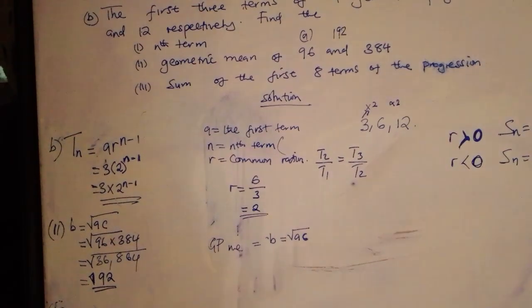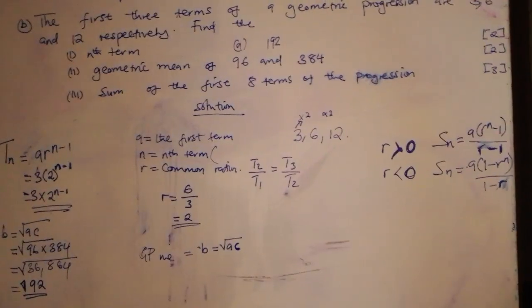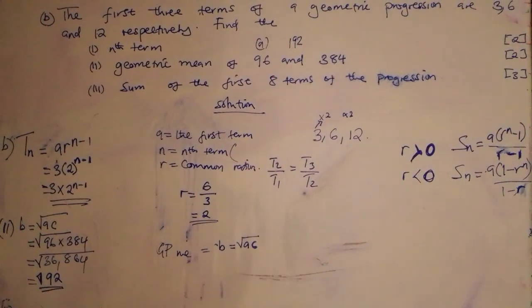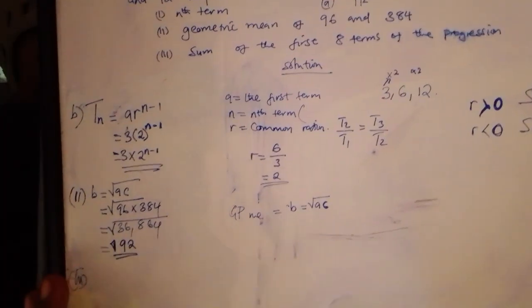So these are the 2 formulas which you come across whenever you are dealing with geometric progression. So now moving on to our final question, which is asking us to calculate the sum of the first 8 terms.